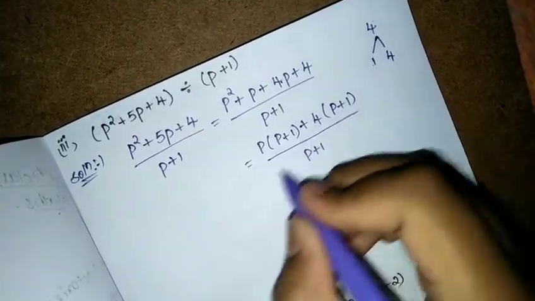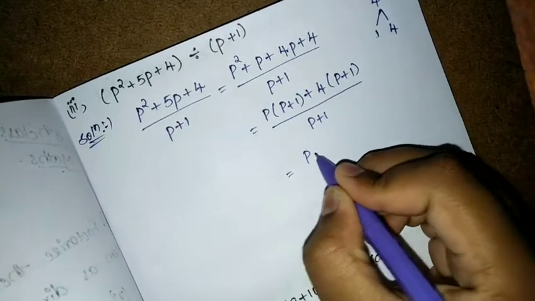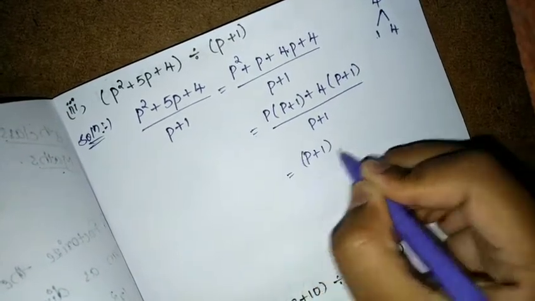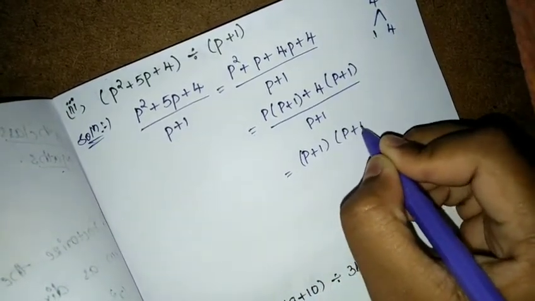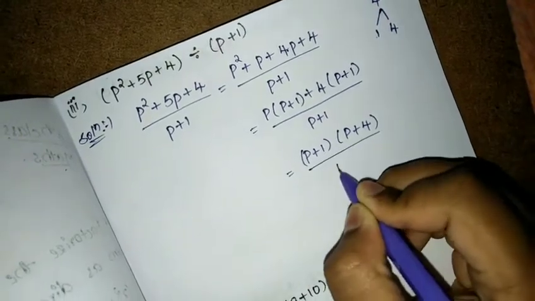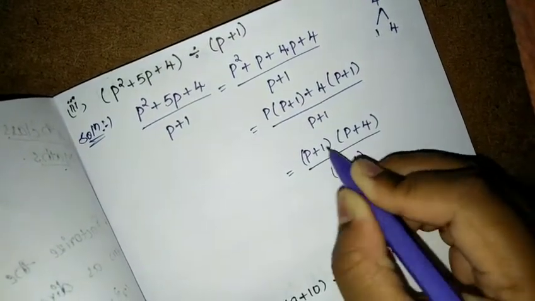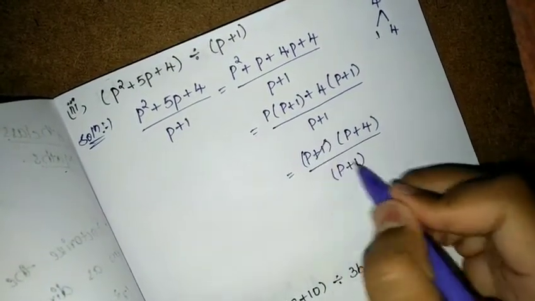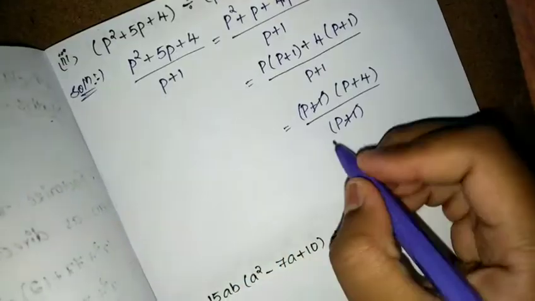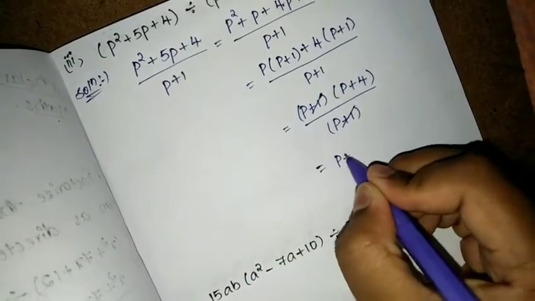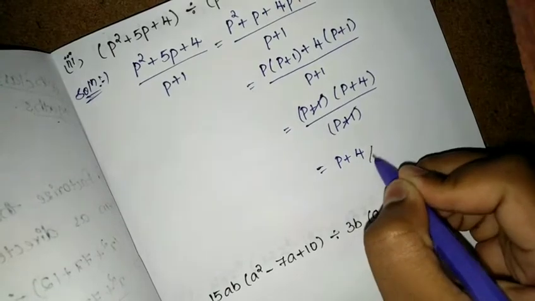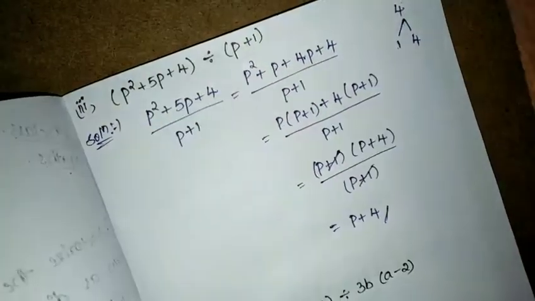From these two terms we can take p plus 1 as common, then we get p plus 4 divided by p plus 1. In numerator and denominator we can cancel p plus 1, then the remaining one is p plus 4. This is our final solution for problem number 3.